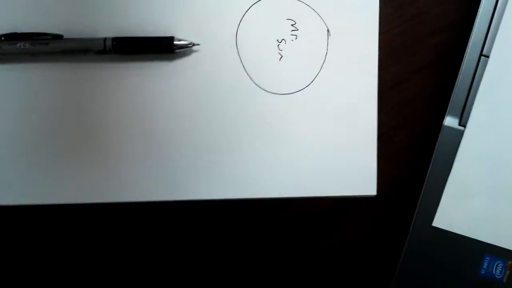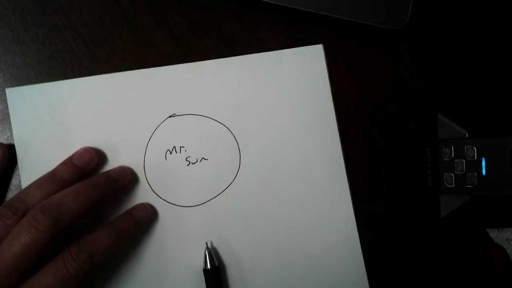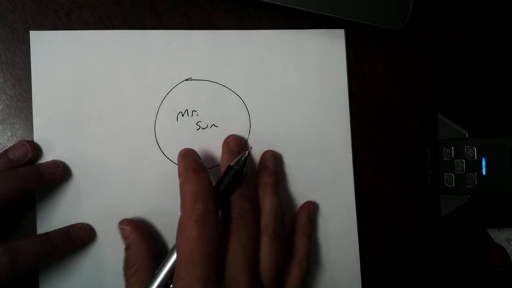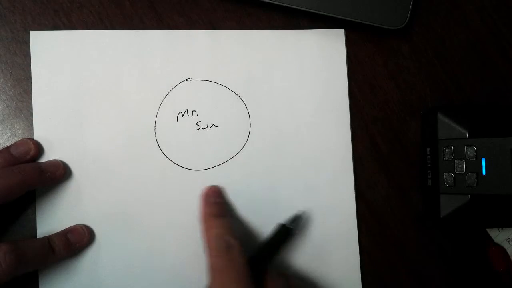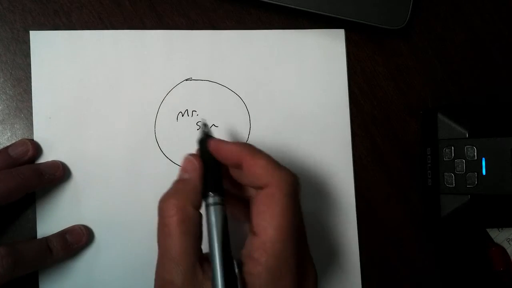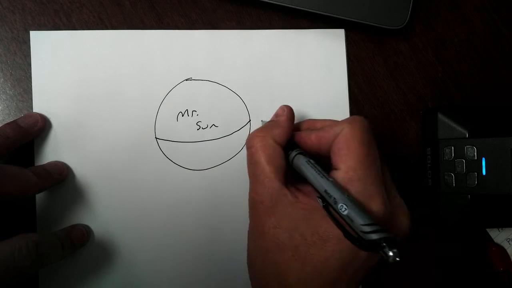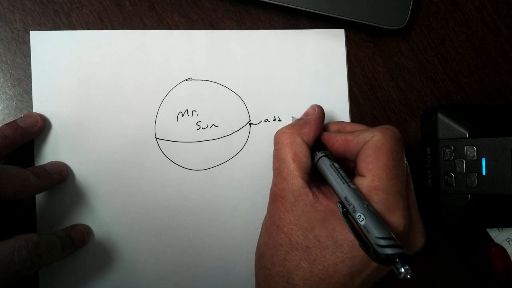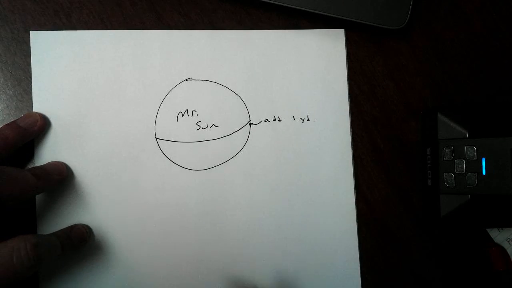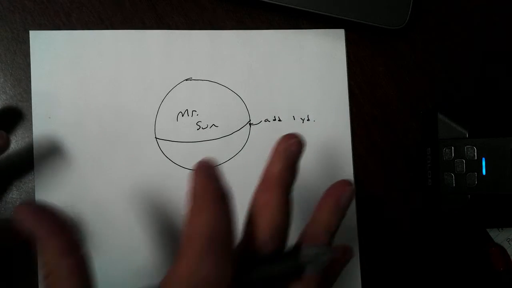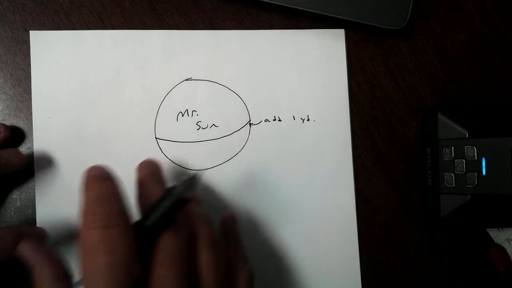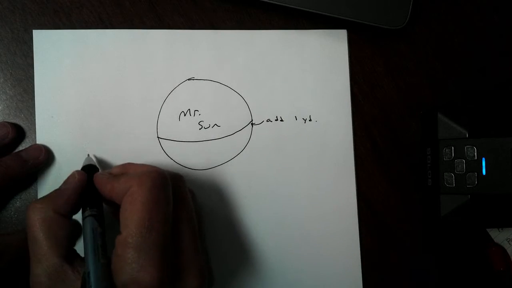It's called differentials. So here's an application of the differentials. Imagine again we have a ball as big as the sun, and around that we have a belt. We are going to just add 1 yard to that belt, so that's going to change our circumference. We can use differentials to approximate this.